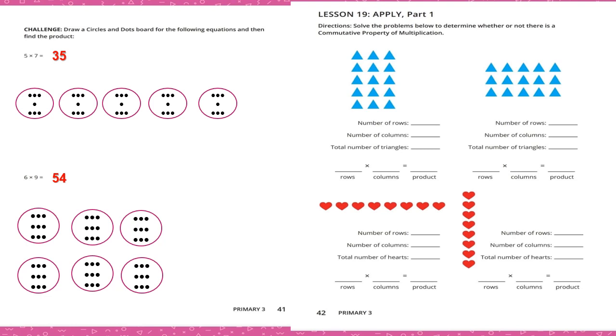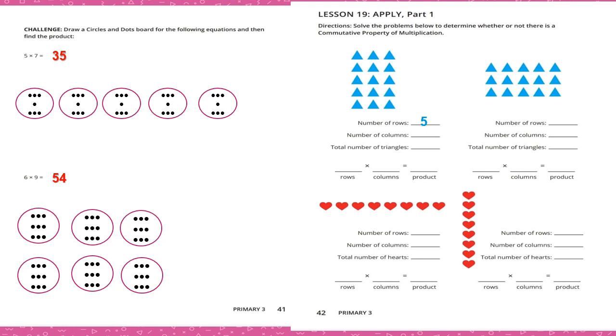In lesson 19, the apply part. Here, solve the problems below to determine whether or not there is the commutative property of multiplication. Here, the first array is triangles. The number of rows, how many rows do we have? We said rows are the items arranged in horizontal lines.